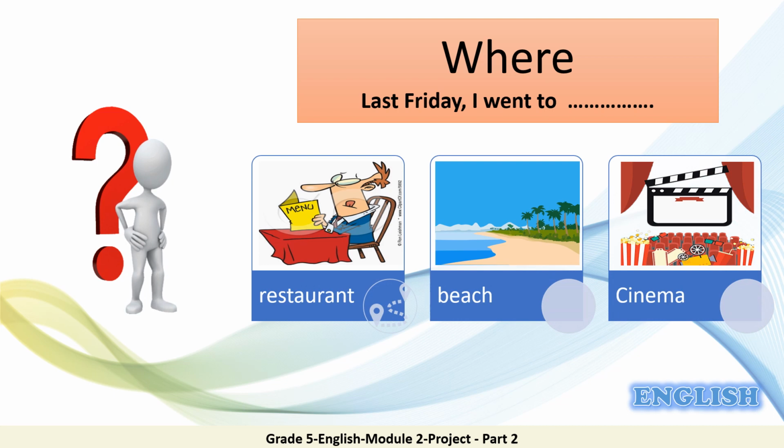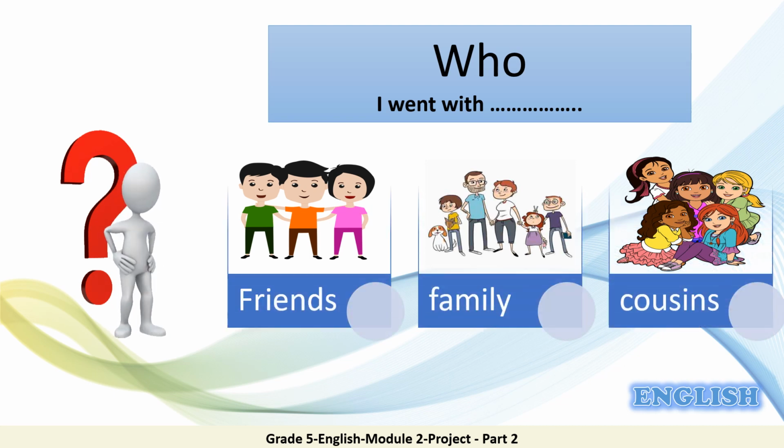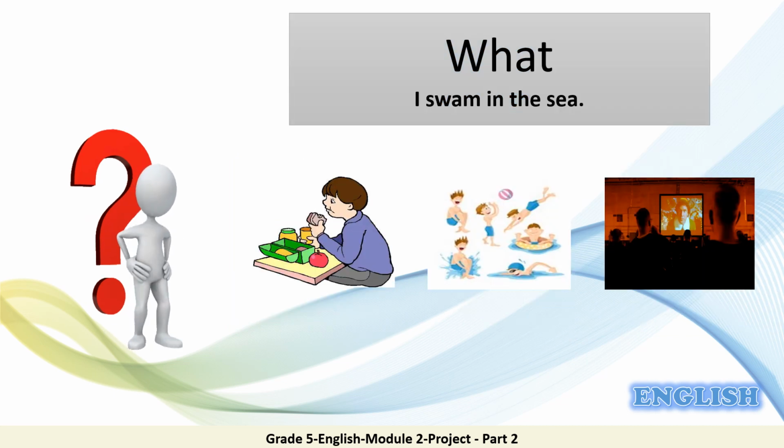restaurant, beach, cinema. Now, the third thing you have to think about is the people you went with. For example, friends, family, cousins. Here you have to think of the activities you did at that time.